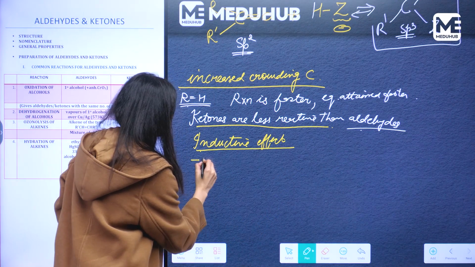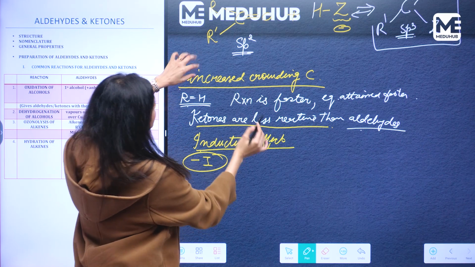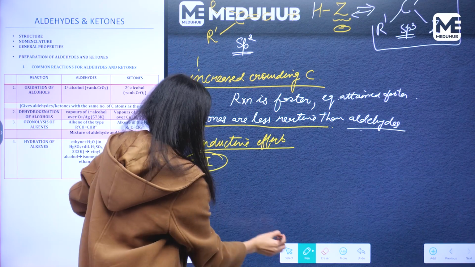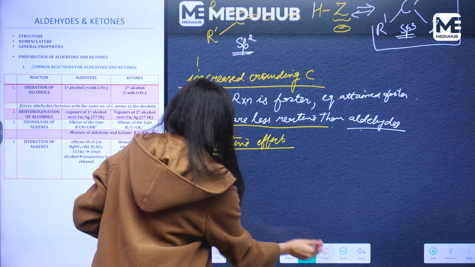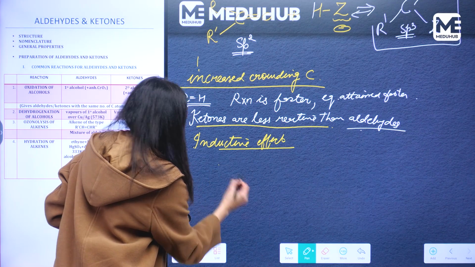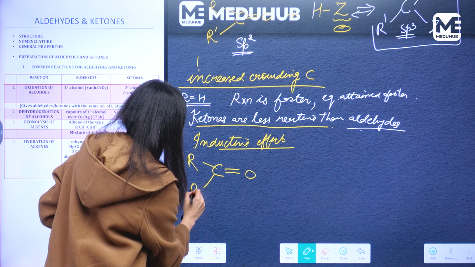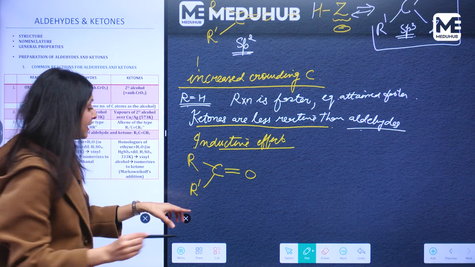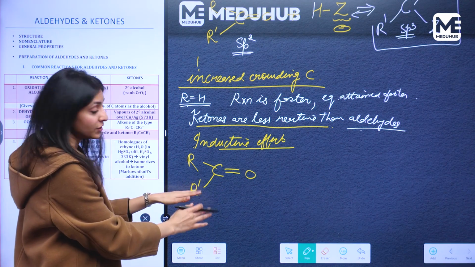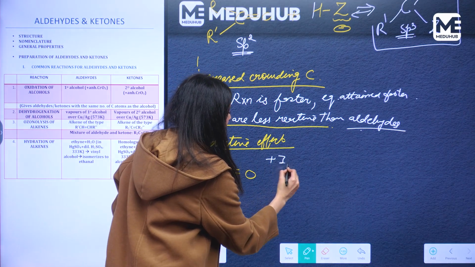So due to the strong plus I effect, just a second, sorry. So let me draw the carbonyl carbon and the two R groups. In the case of an aldehyde, since one of the R groups is hydrogen, only this R group has a strong plus I effect here.